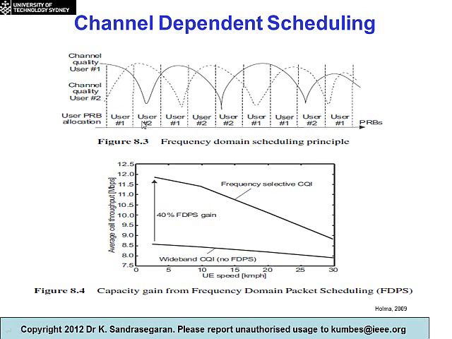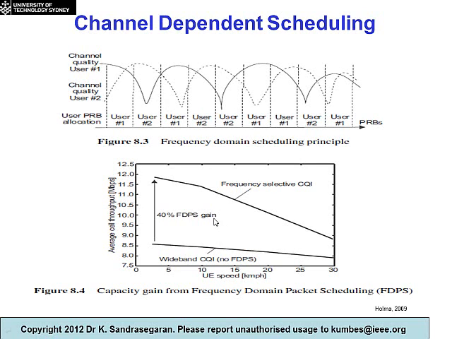Similarly, in this TTI value, you can see that user 2 has a better channel quality, so we allocate the PRB to user 2 and so forth. So channel dependent scheduling basically means we are using the channel condition to make scheduling decisions.